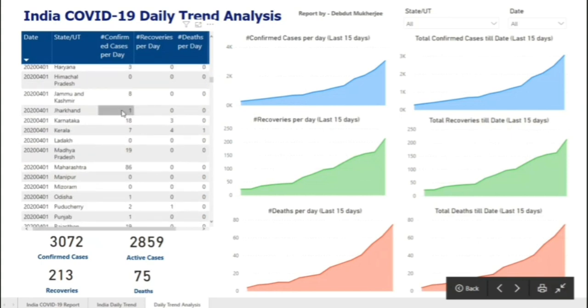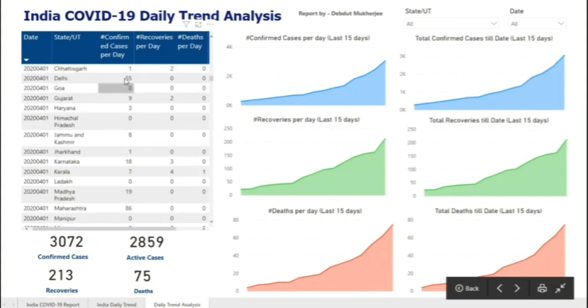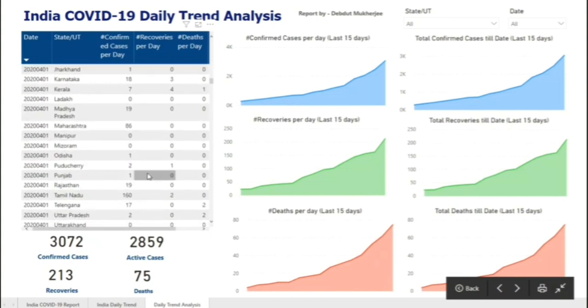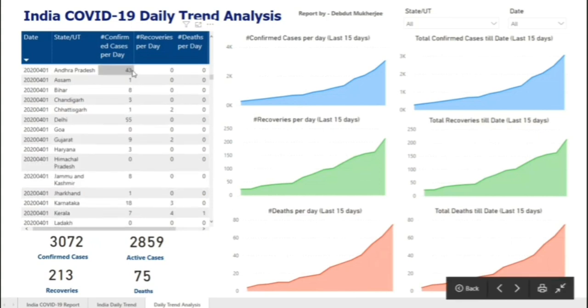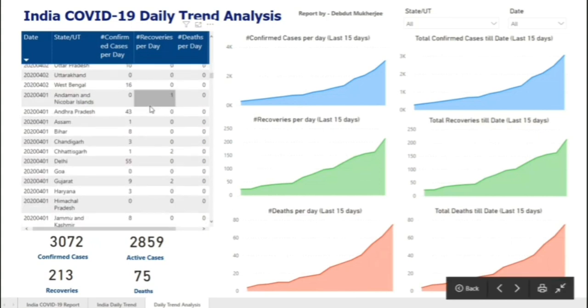So Maharashtra and Delhi, both of them were responsible for the first spike. Sorry, it's Tamil Nadu. It's way beyond. So Tamil Nadu alone was responsible for 160 new cases on the 1st of April. So that is quite interesting. So the first spike, the states that were responsible: Tamil Nadu 160, Maharashtra 86, then Delhi, and then Andhra. Okay, so this is something important.